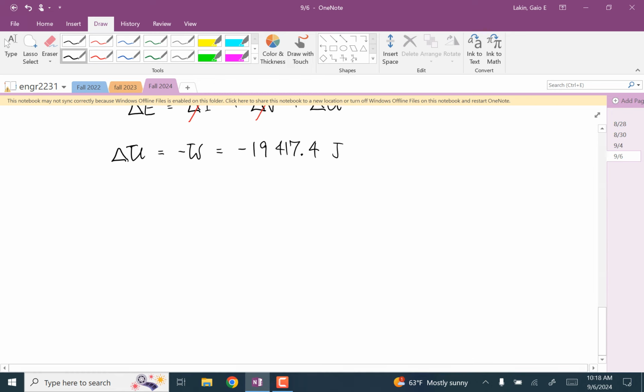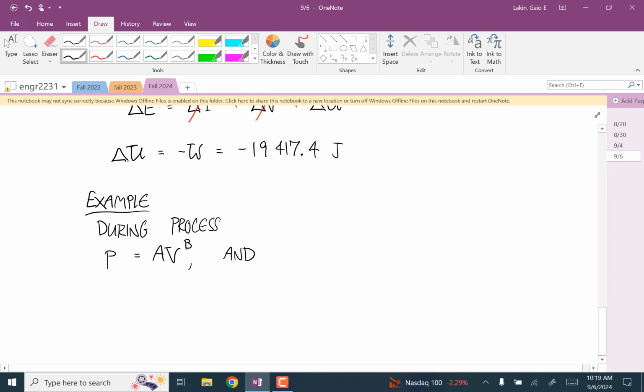Okay, let's do another one like this. So during a process, we know that pressure is equal to A times volume to the B. And we know that 200 joules of heat is added to the gas.